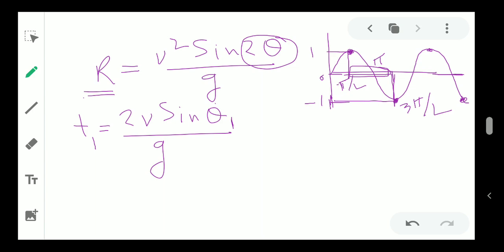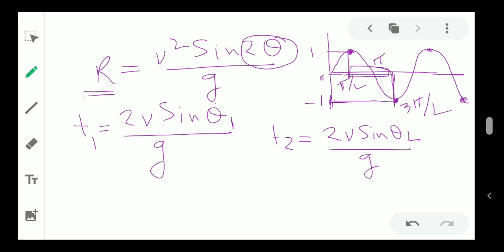Because in the question the velocity is given, for the same velocity v will not change, we cannot change v. So t2 is equal to 2v sin theta 2 by g, and we have seen that for the same range we can have two different values of theta.